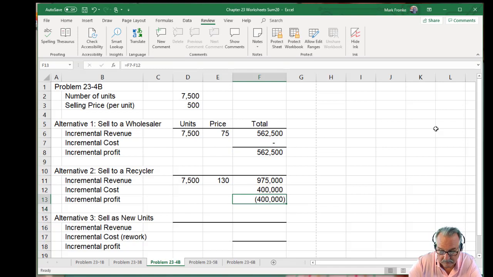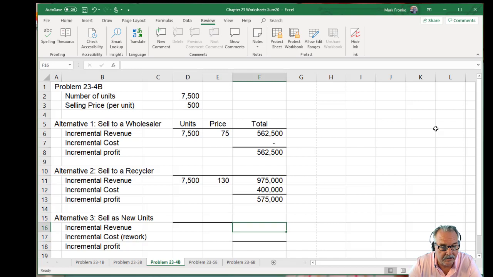But we're going to net $575,000, which is better than alternative 1. So far, alternative 2 is the best option.